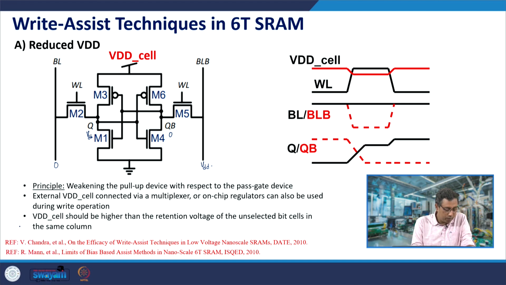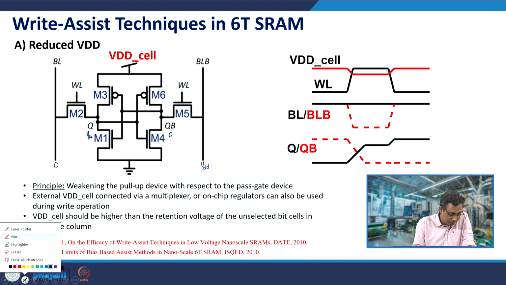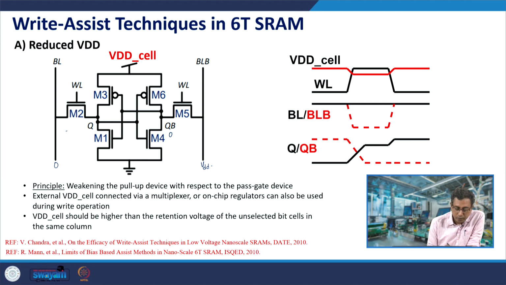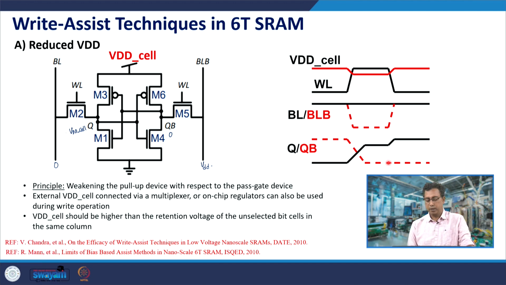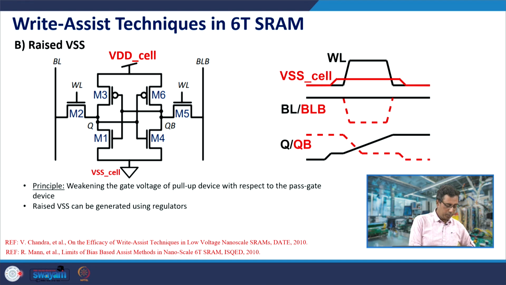Instead of being at VDD, this is now at VDD cell. So, the amount of discharge that is to take place reduces. That makes the entire process faster, and therefore your WL critical reduces.